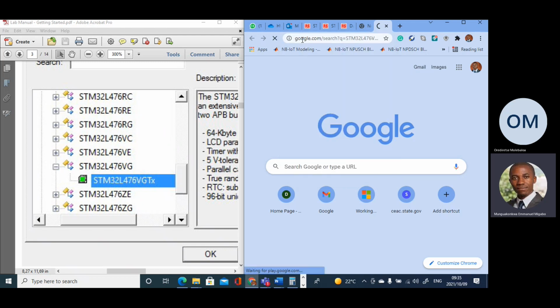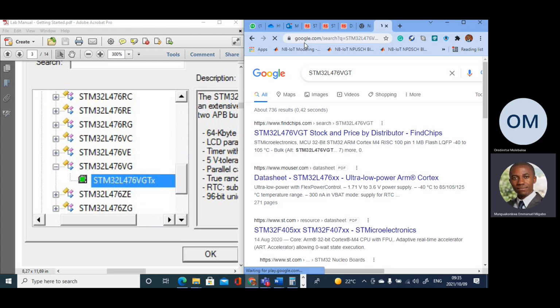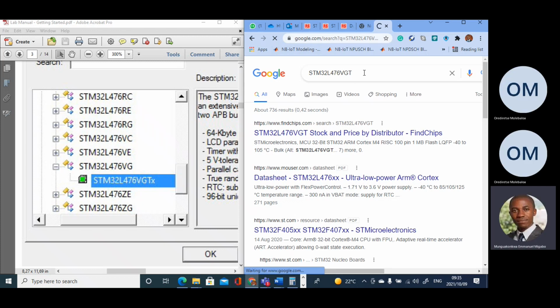The X part is just to say it could be 2, it could be 3, and so on. It's the data sheet we are after.